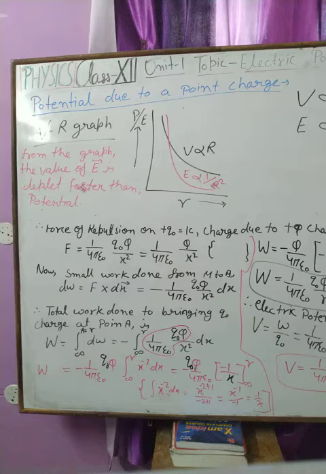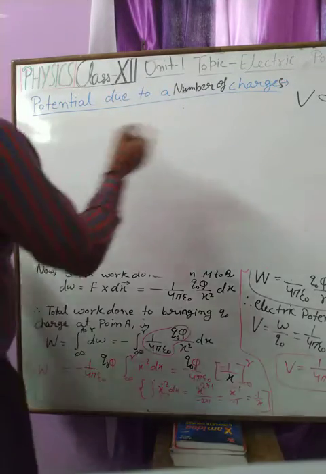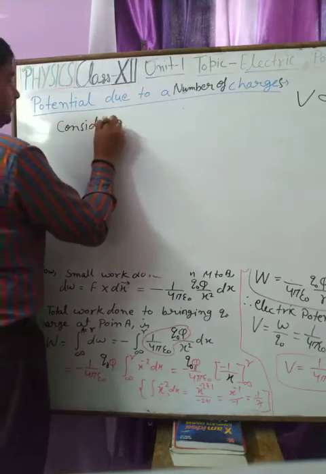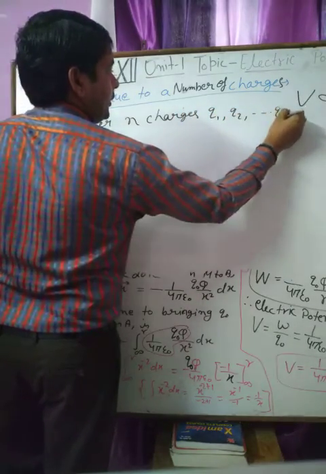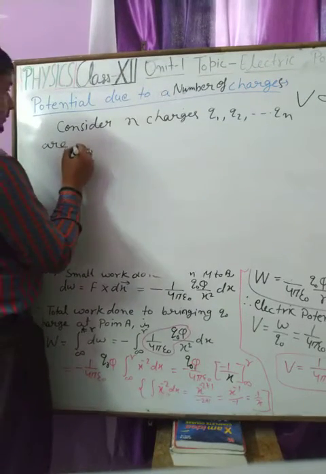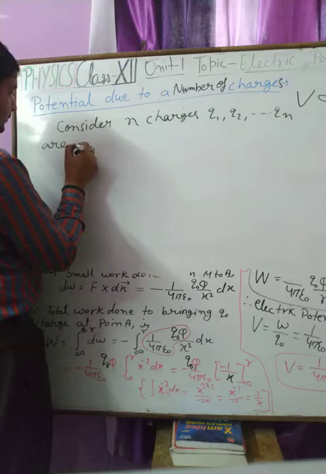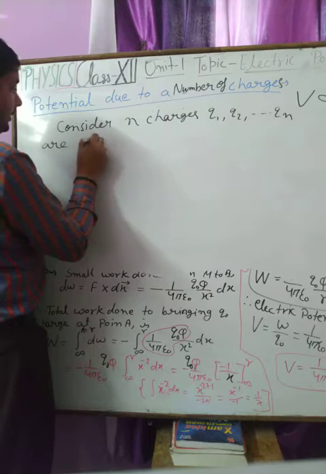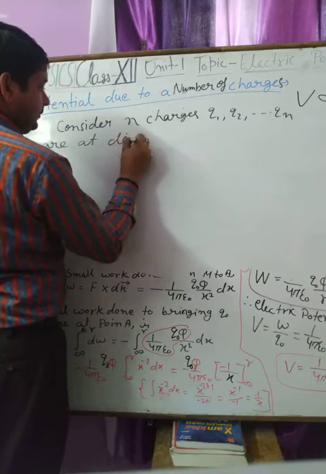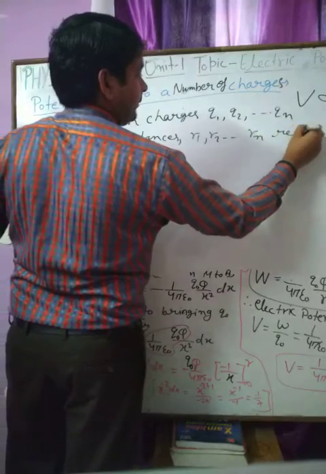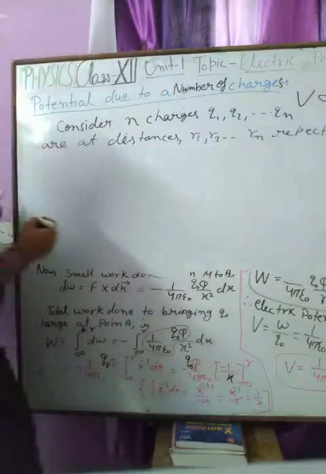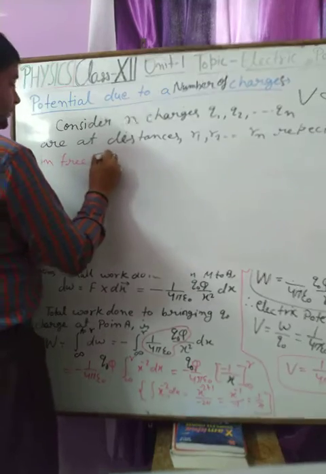Now we are taking the potential due to many charges. Consider n charges Q1, Q2, Qn at distances R1, R2, Rn respectively from a point in free space.